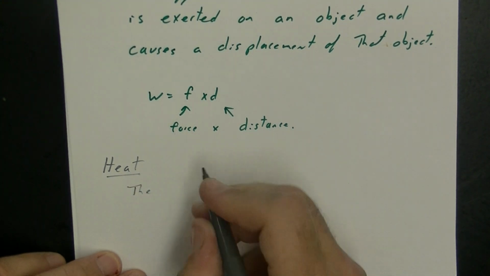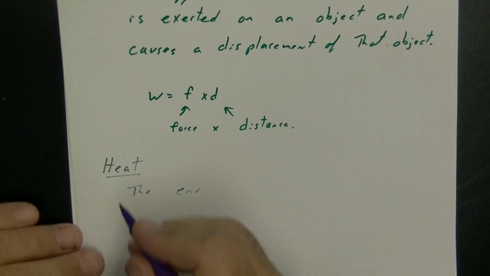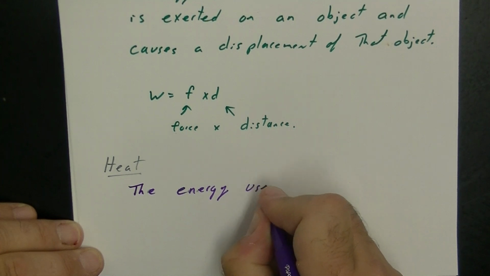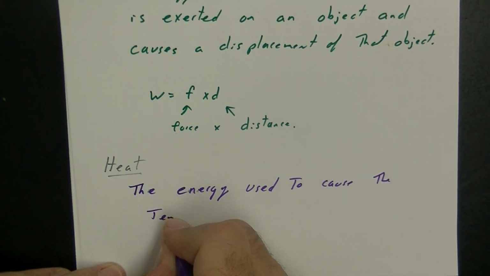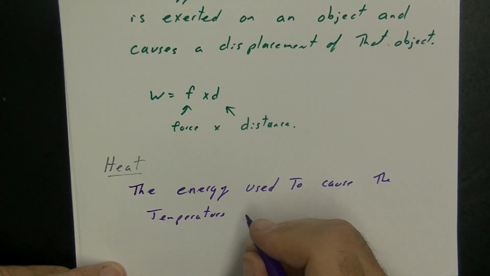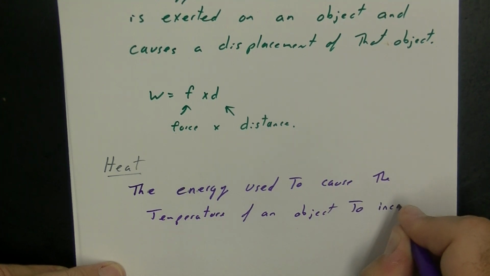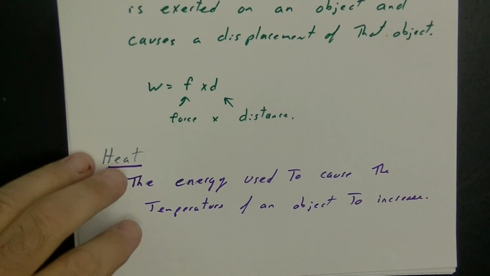Heat is the energy, oop, that pen's dying, is the energy used to cause the temperature of an object to increase. Pretty simple. All right.